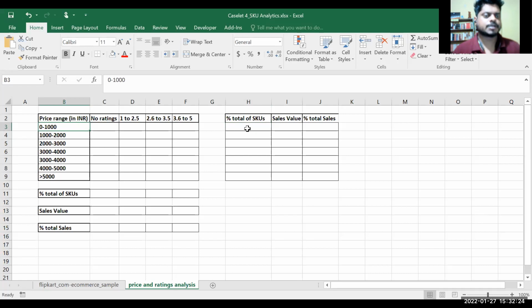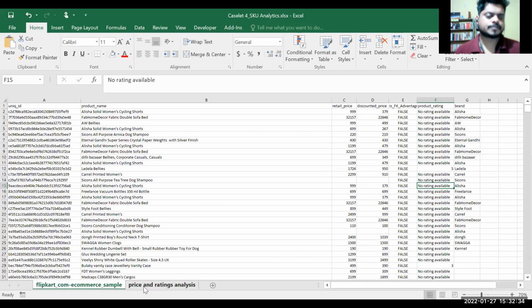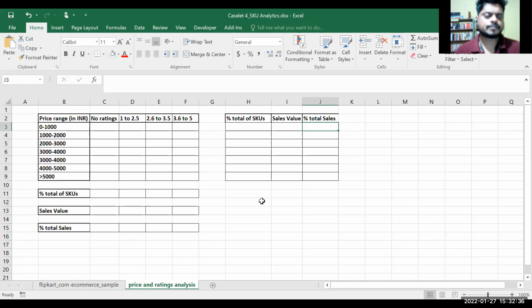Whether they are 5%, 2%, 3%, what is the sales value, and what is the percentage of total sales, right? Is this part clear or any doubt on this? Any questions on this?